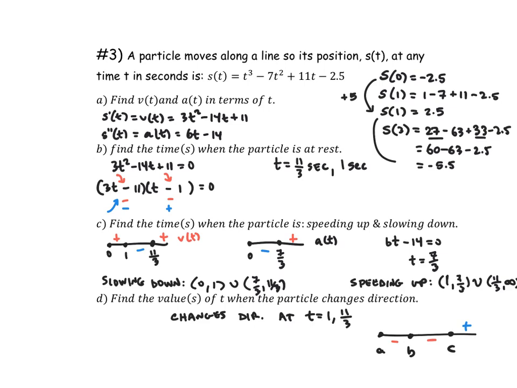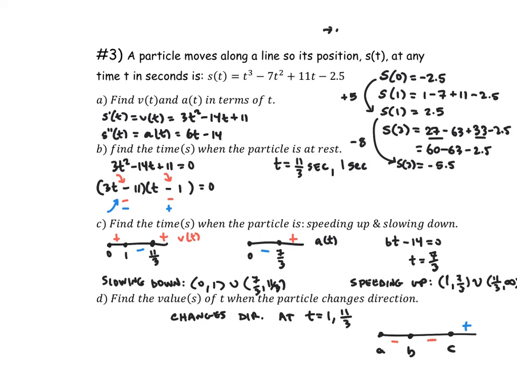From s of 1 to s of 3, from 2.5 back to negative 5.5, we went left 8 units.